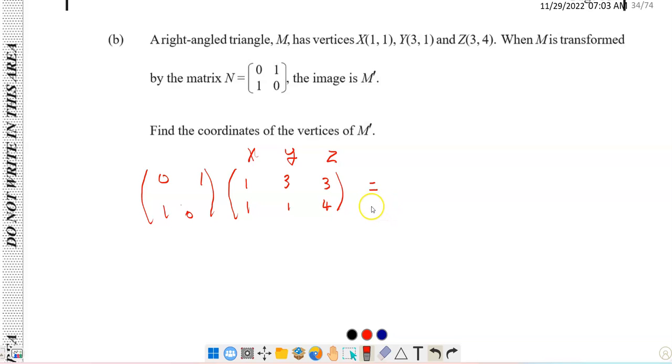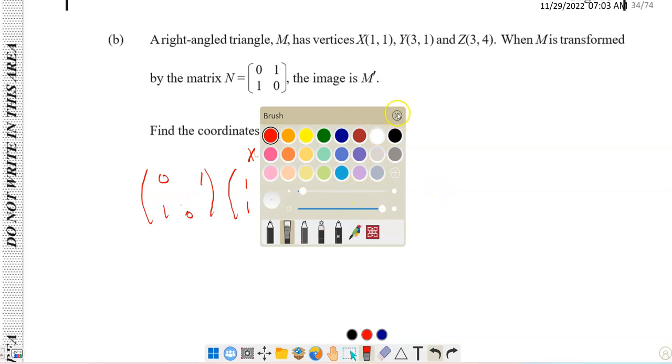So to get the image of M, which is a right angle triangle X, Y, Z, we transform it with this matrix N. So let's now work this out.